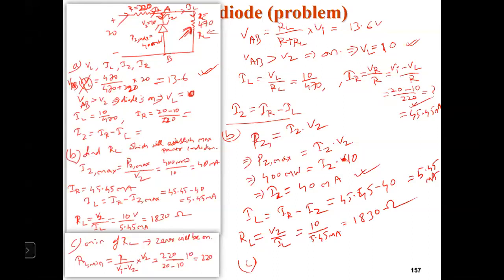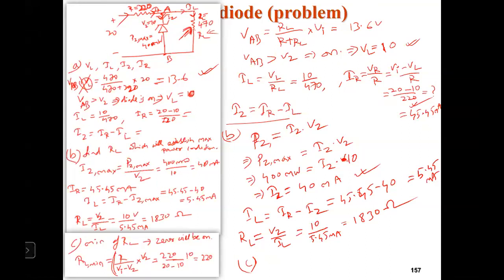Okay, so next one is the minimum value of RL for which the Zener diode will be on. That is a simple thing; the direct formula is there. In the second case of the variable RL, we derived a formula, that is RL minimum equal to R by (VI minus VZ) into VZ.